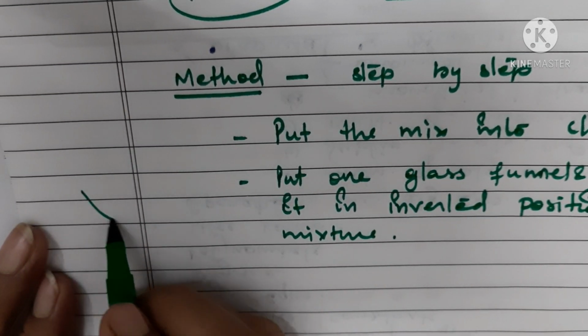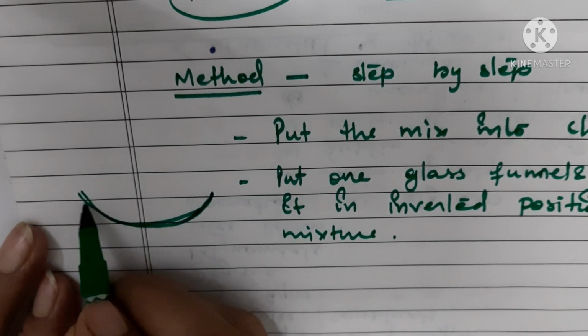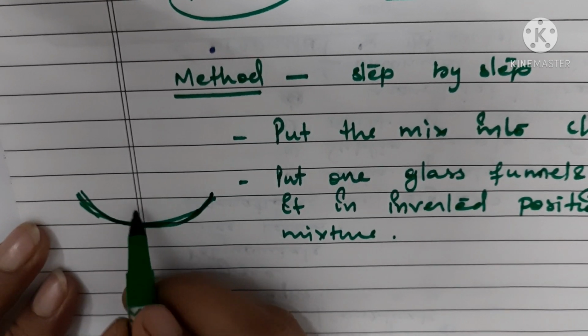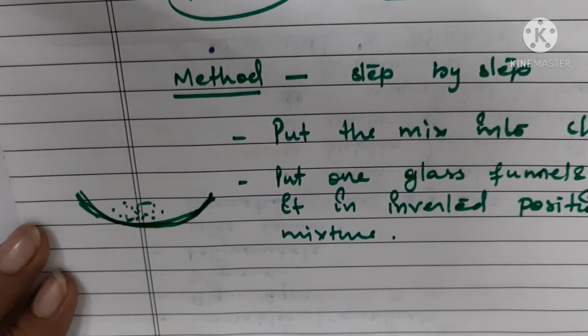See, you can do it like this. Suppose this is your china dish, though it should be a little more flattened, and suppose this is your mixture. Let me take another particle of a different color so that you will be able to understand.